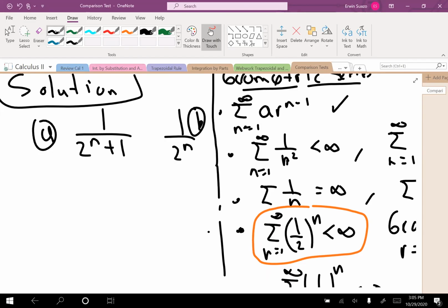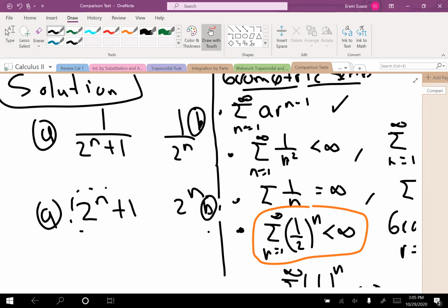So fractions are ugly, but if I put it like this, 2 to the n plus 1 and 2 to the n, who is bigger, A or B? A. B. A, because it has 2 to the n plus 1, and B only has 2 to the n. So 2 to the n plus 1 is bigger than 2 to the n only, right? Meanwhile, the right-hand side has only 2 to the n.